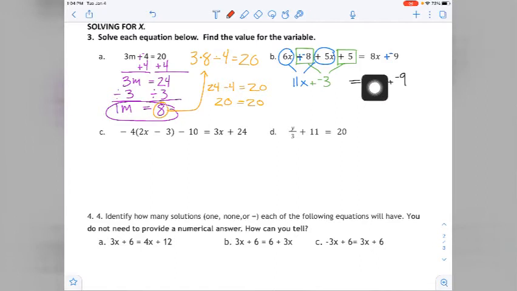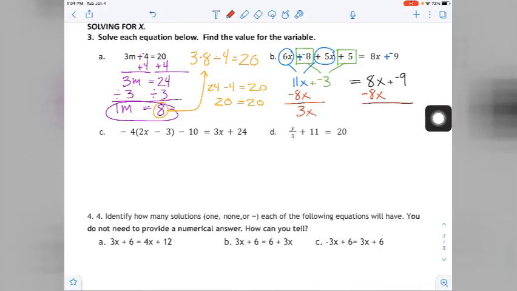They're just subtracting it because it's being added here. And then they're going to subtract 8x from this side, and they got 3x. And then on the other side, they got no x, so I'm just not even going to write anything. And then they would do 3x plus negative 3 equals negative 9.